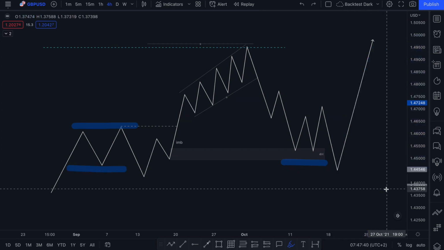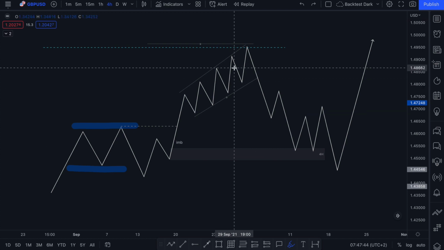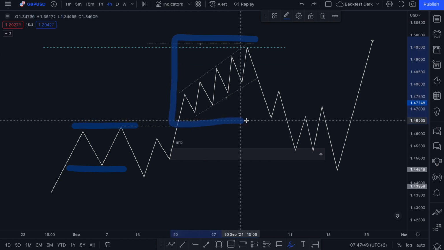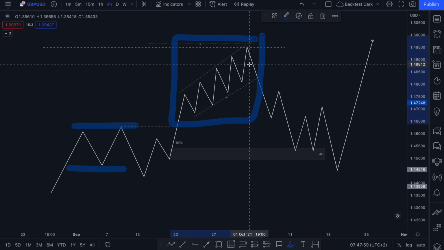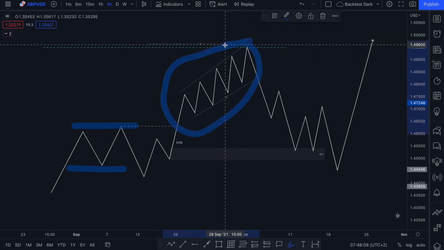Now, what exactly has happened here? Okay, so during our London session, a particular retail pattern was generated to bring orders into the market, right? To induce people to get involved in the market. And even though this particular retail pattern was created for inducement purposes, there are a multitude of opportunities to make money in here.